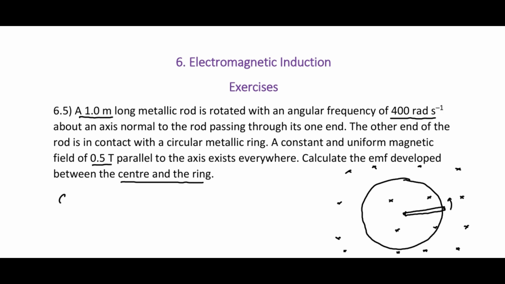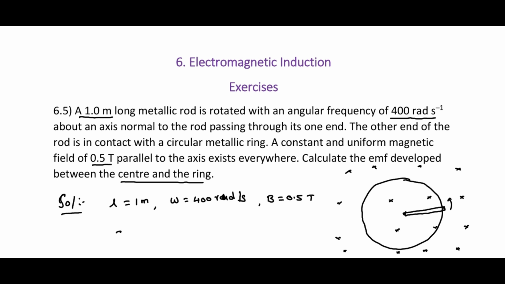Here, the given values: the length of the rod is given as 1 meter, and omega is equal to 400 radian per second, and magnetic field B is equal to 0.5 Tesla.